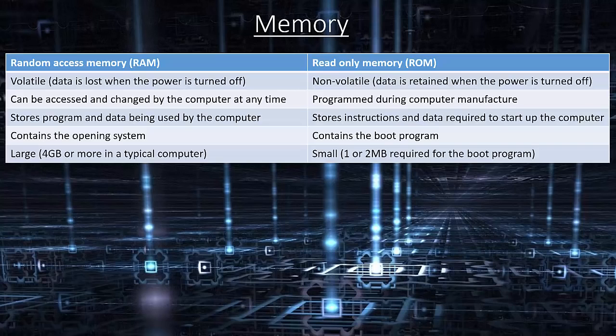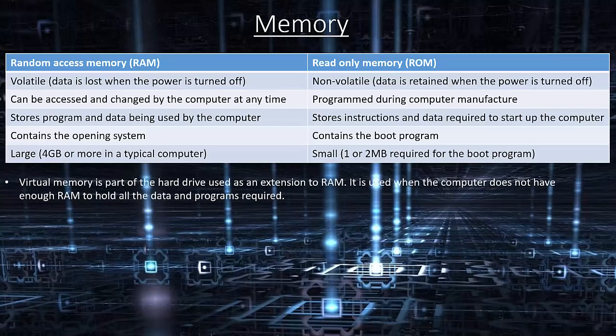Read-only memory, ROM, is non-volatile, which means data is retained when the power is turned off, is programmed during computer manufacture, stores instructions and data required to start up the computer, contains the boot program, and is small, 1 or 2 megabytes required for the boot program.